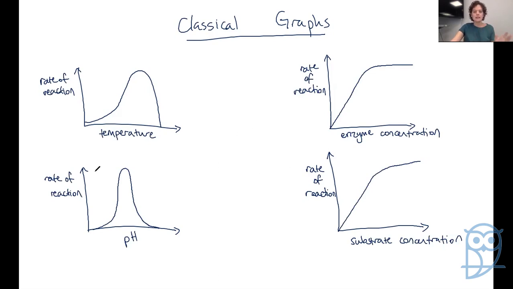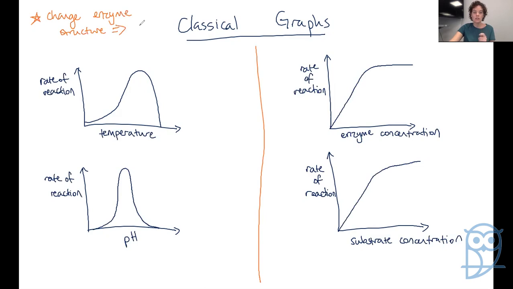Next thing is that we've got 2 groups of graphs here, and there's an important distinction between the 2. So if we think of temperature and pH, okay, when we change temperature or we change pH, we are changing the enzyme itself. So here we change the enzyme structure. And remember, we don't care if it changes the enzyme structure. We care in particular that it changes the shape of the active site.